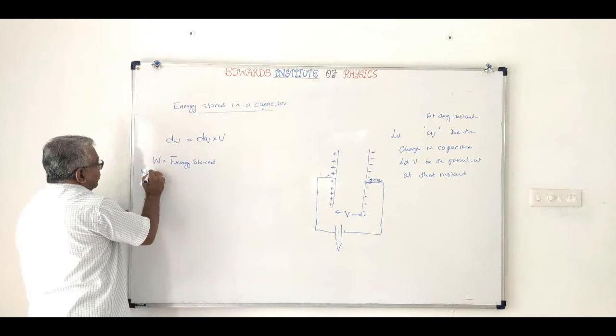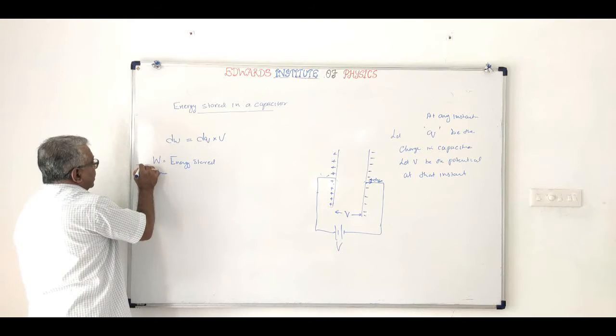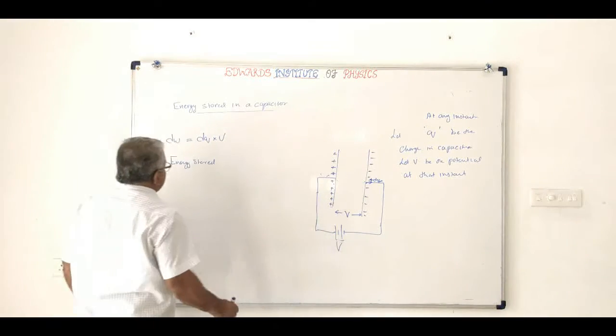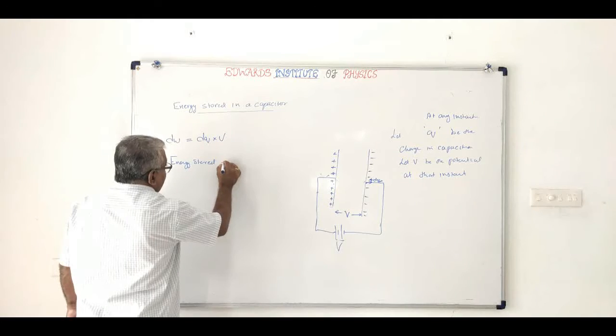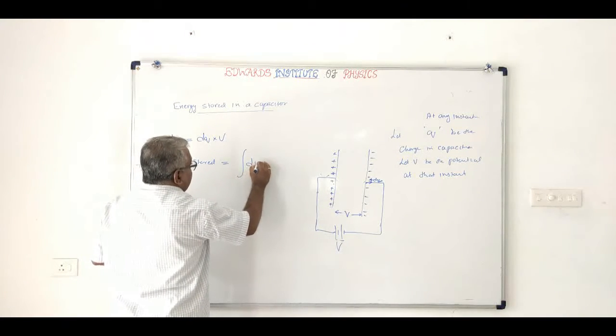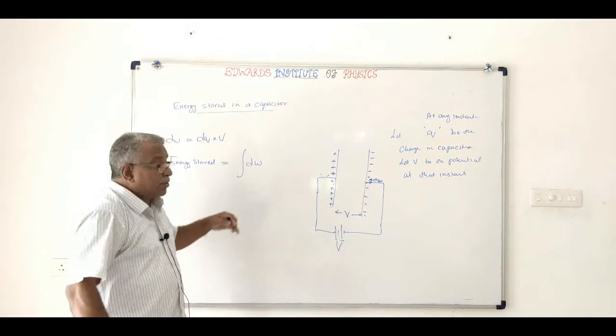Total work done. Who is doing that work? The battery. Total work done will be equal to energy stored, and that will be equal to integral dw. That means you have to add all the dw's together.